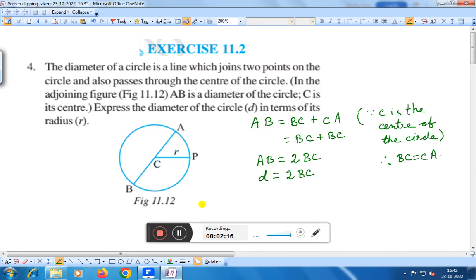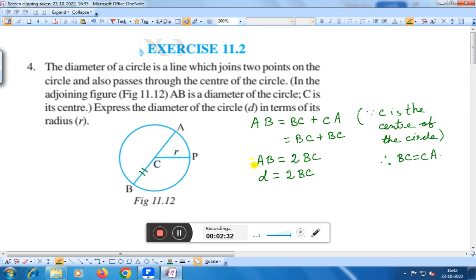Now we have to know the meaning of radius. BC is the distance from the center to the circumference, right? And this is known as radius. That is, BC is the radius of the circle.